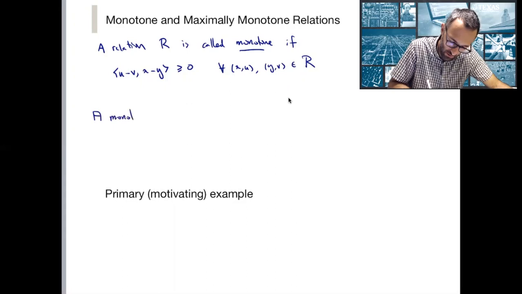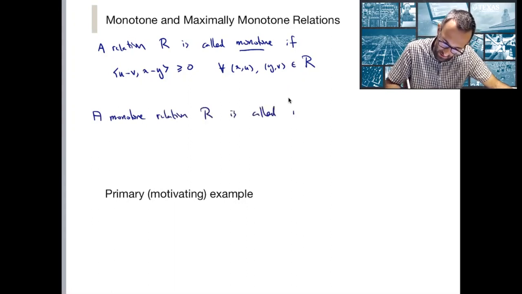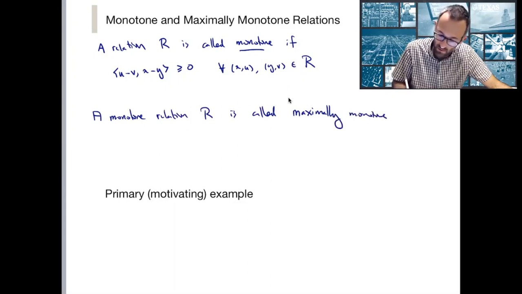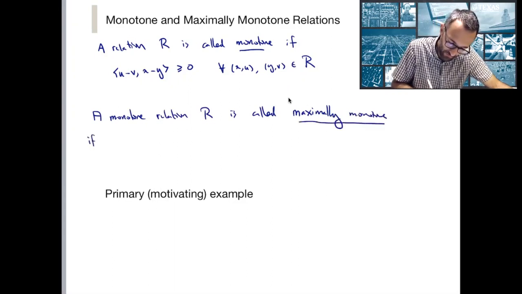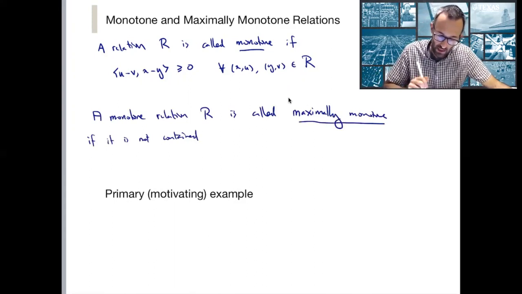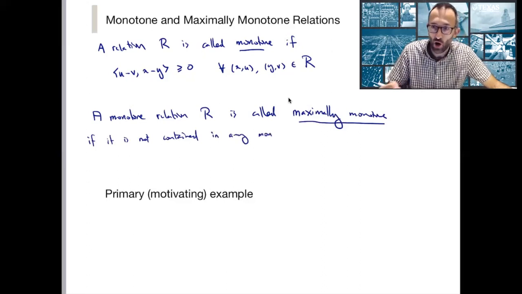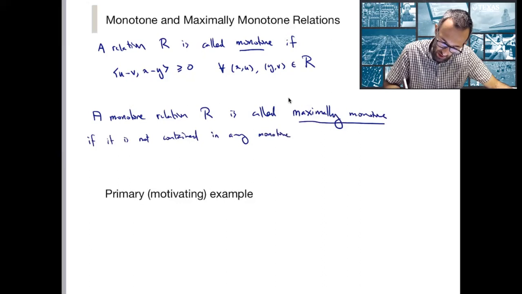A monotone relation R is called maximally monotone if it is not contained, and I mean properly contained, in any monotone relation R prime. Again, just remember that R is a subset.